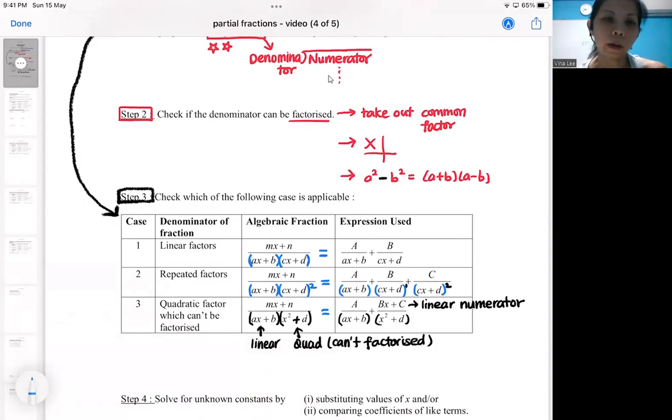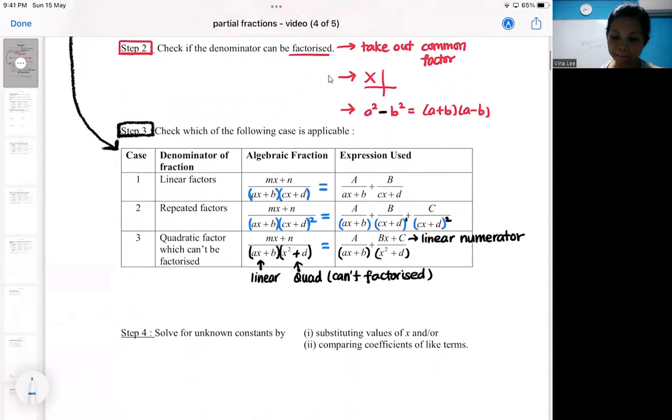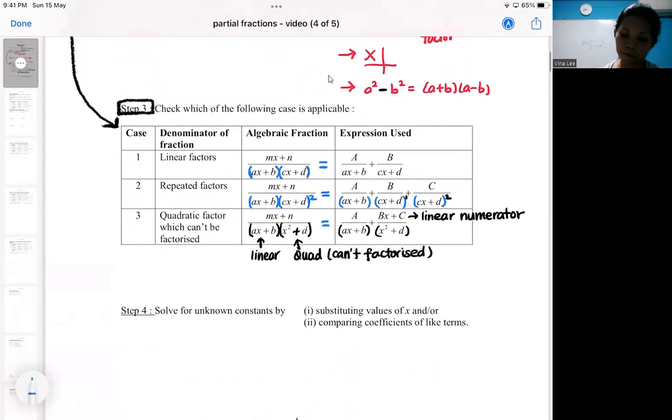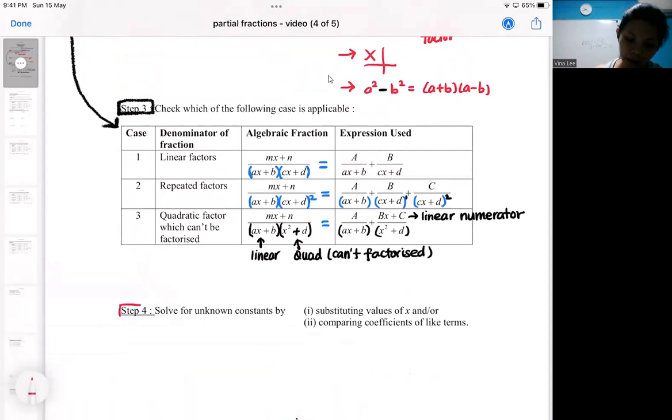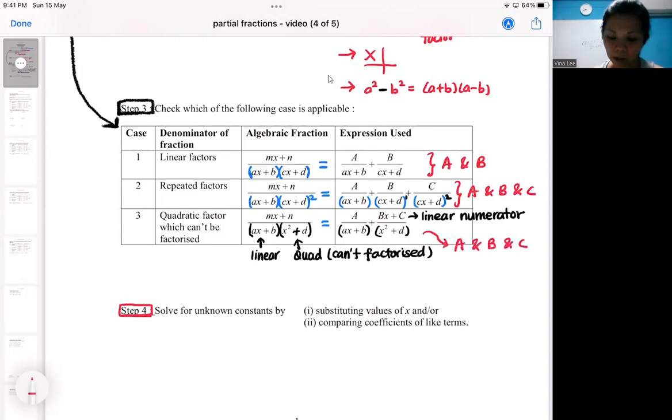So you perform step 1, step 2, step 3. After that, you got one last step: you got to solve for the unknowns. That depends on your step 3. For example, here you got 2 unknowns, here you got 3 unknowns, and here you also got 3 unknowns. You got to solve for the unknowns by using the concept of identities.